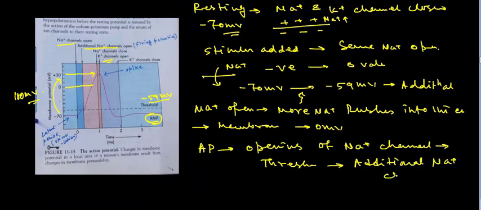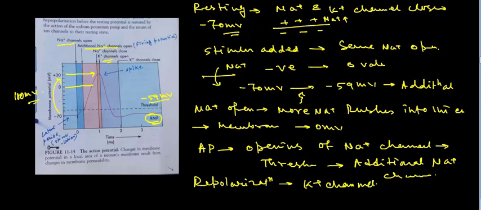The repolarization, that is the membrane moving back towards its negative value, or the inside of the membrane becoming negative, is due to the opening of the K+ channel. Thus, by this way the action potential is generated inside the neurons.